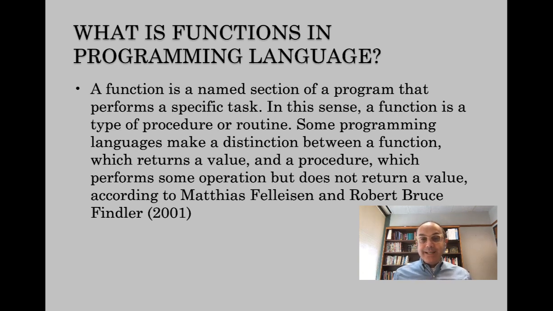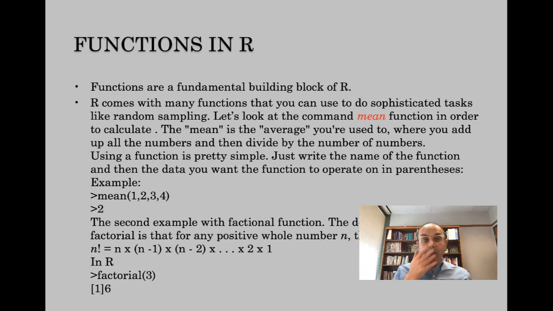One of the basic things that we need to remember in any functional programming language is that a function is the name of a section of a program that performs a specific task. In this sense, a function is a type of procedure or routine that is often applied. In R, we have many already embedded functions.